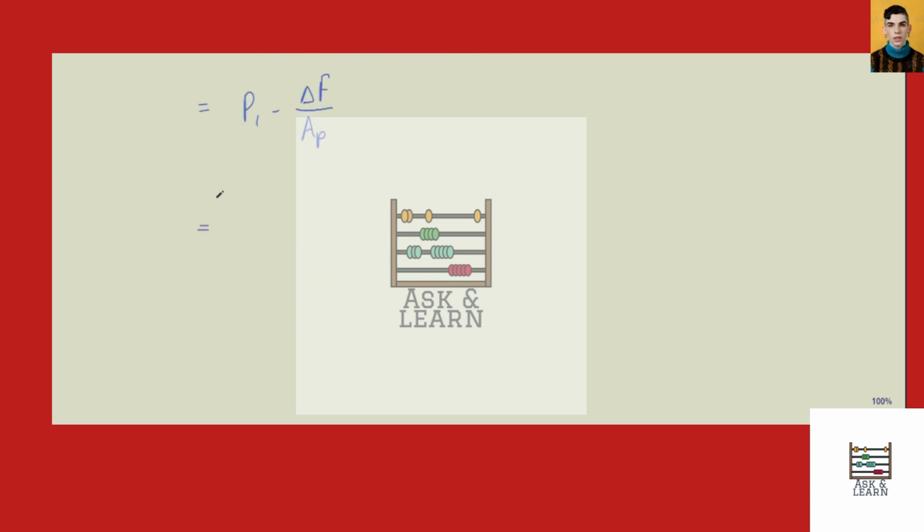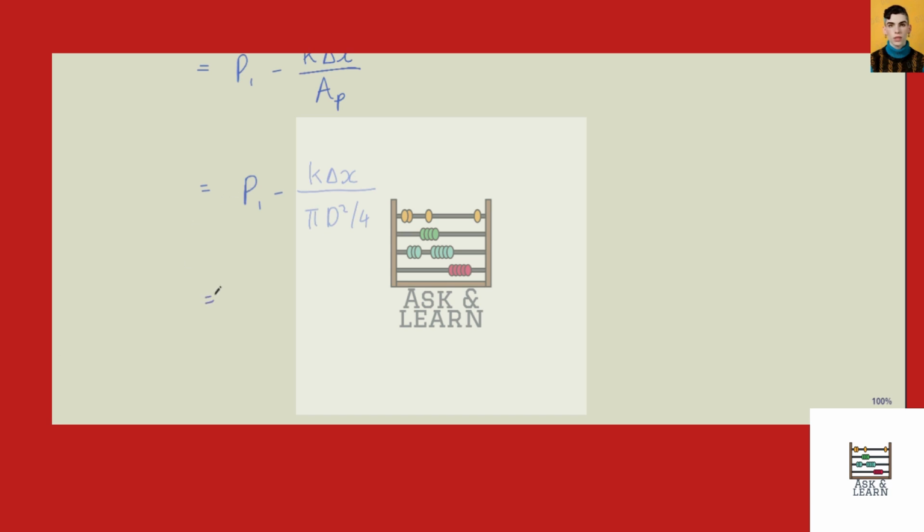And this is equal to P1 minus, we can write the change in force as K delta X, where K is the spring constant of the spring, over the area of the piston, AP. So this is P1 minus K delta X over pi d squared over 4.